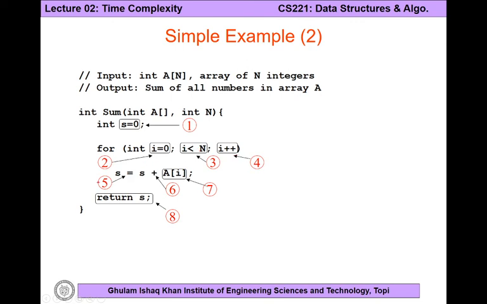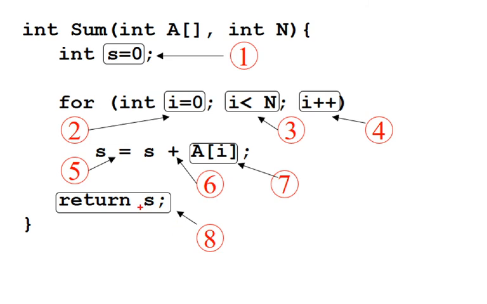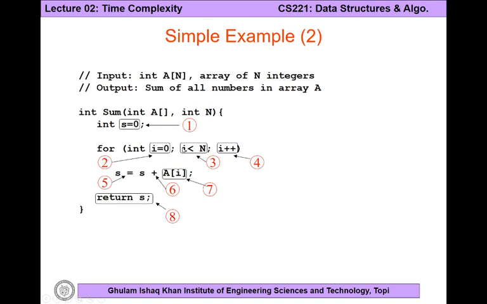Then in this particular line we have 3 statements: the assignment operation, the increment operation, and the array access operation, right? And then we have the return operation. So 3 of the operations, statement number 1, 2, and 8, are being executed only once, whereas 5 of the statements, statement number 3, 4, 5, 6, and 7, will be executed n times, because they are within this loop, right?